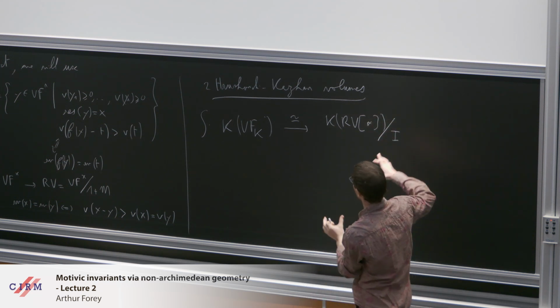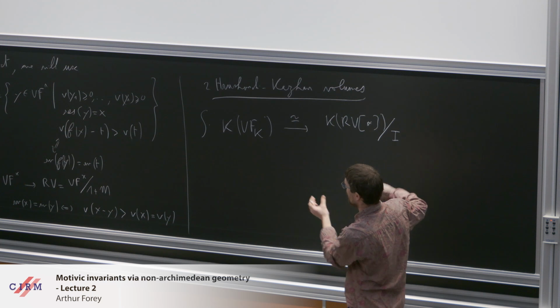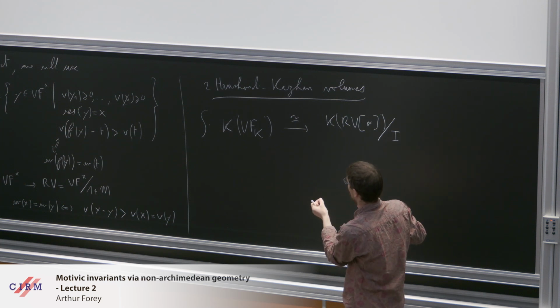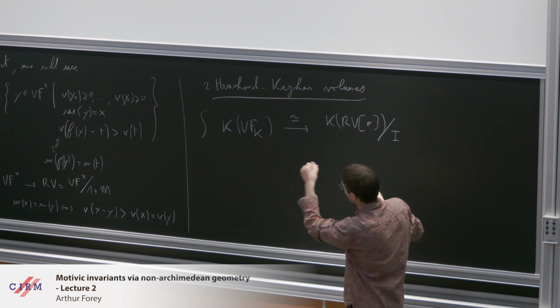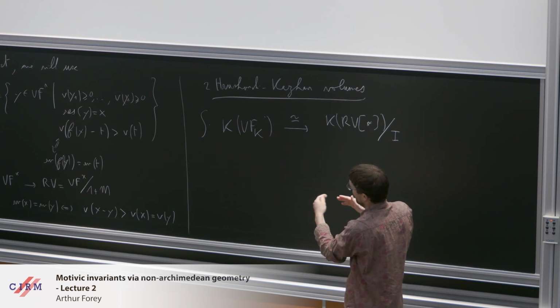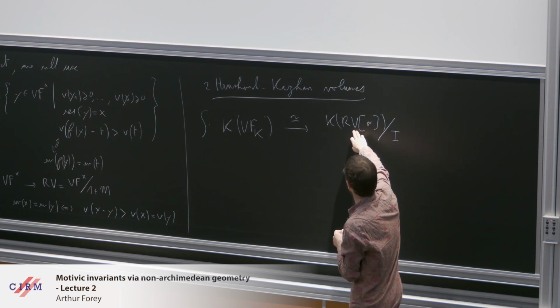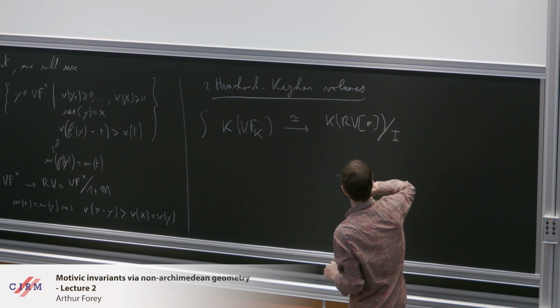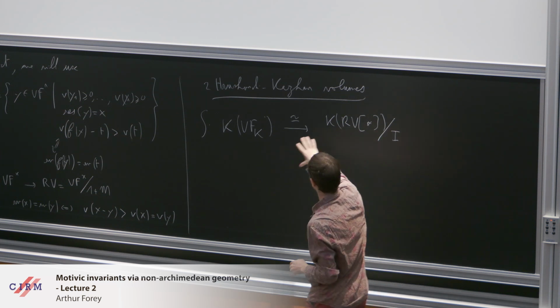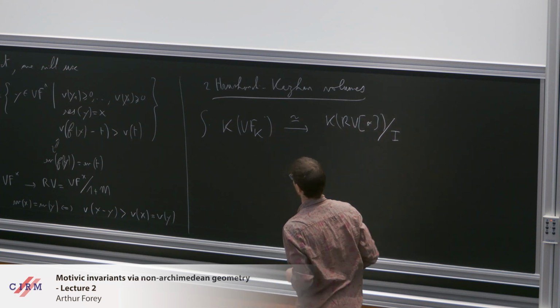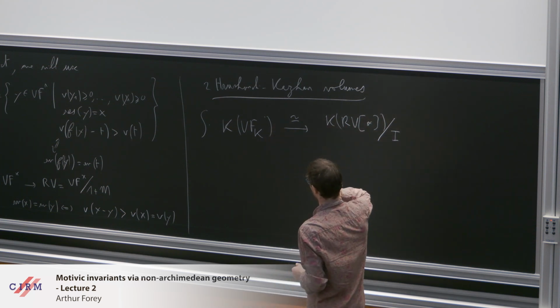You remember, it was really just saying that you have two ways to get an open ball: either it's just one point in RV, or it's one point viewed in dimension 0 plus the full point in RV of positive valuation. The way it was constructed was we defined the lifting from RV to VF, and the theorem is that you can invert it.